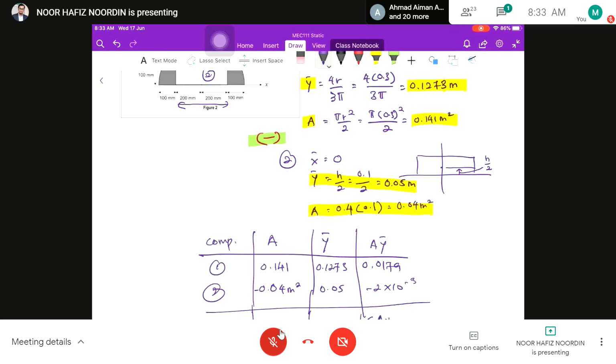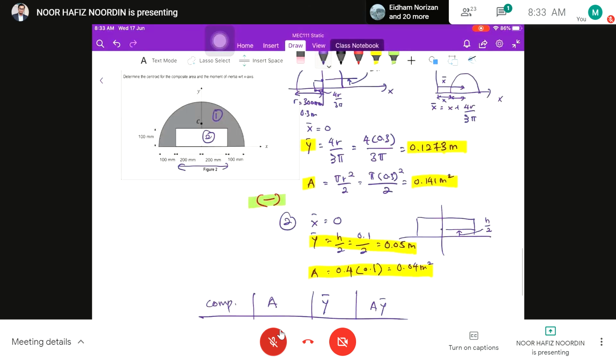Okay, and then the value is 0.0159, and then total area is 0.101. So yang negative tu you must put negative lah, meaning that 0.141 minus 0.04, so the total area is 0.101, which is area yang berlorek tu.